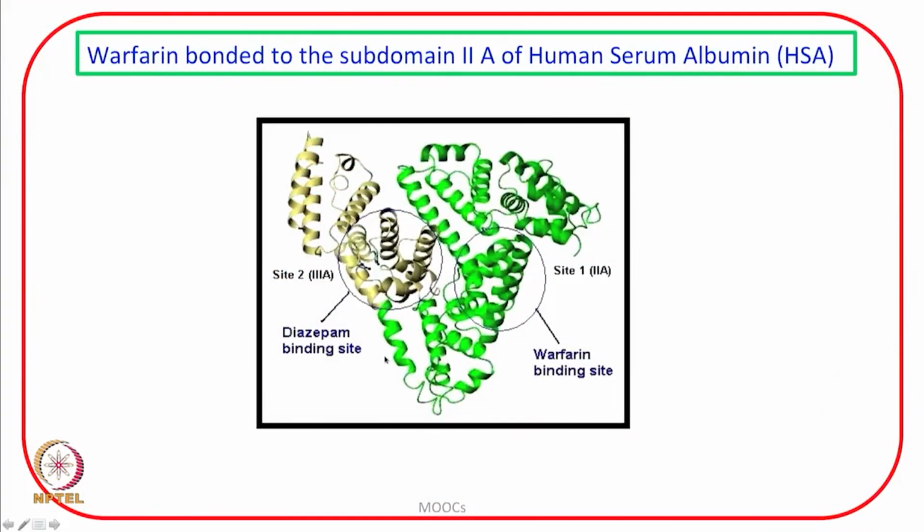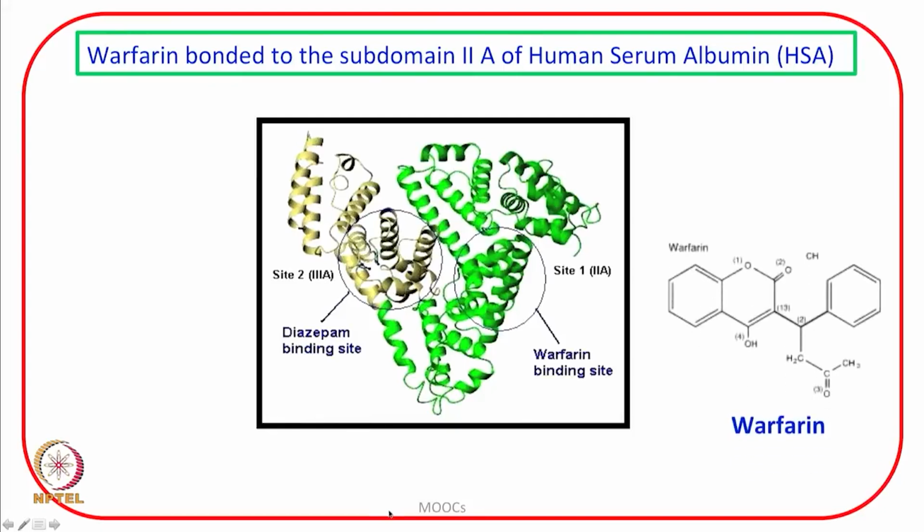This is the structure of serum albumin, and as we have earlier discussed, there is a warfarin binding site, then there is a diazepam binding site. Several ligands bind to the warfarin binding site and several ligands bind to the diazepam binding site, and it depends upon the molecular structure of the incoming ligand. For example, take a look at the molecular structure of warfarin and also of diazepam.